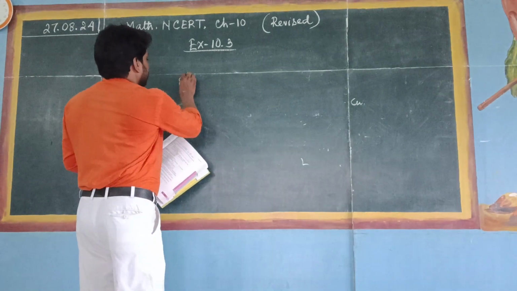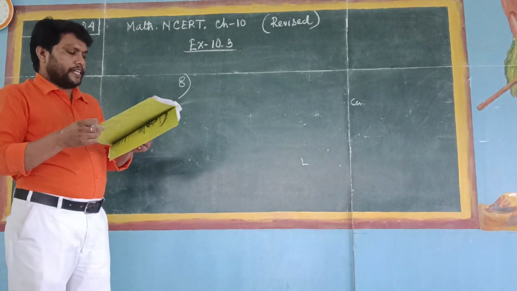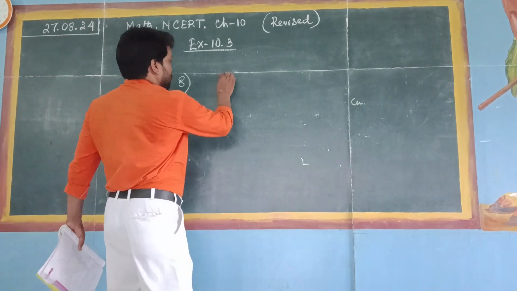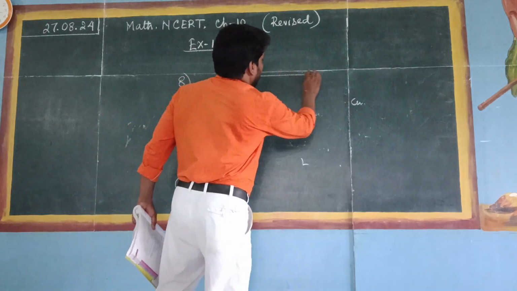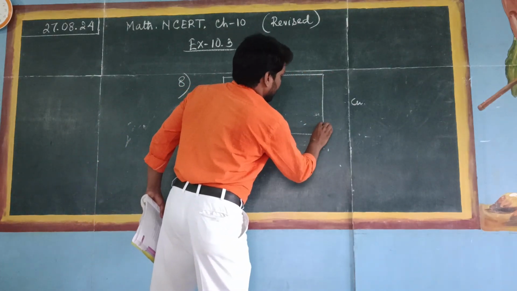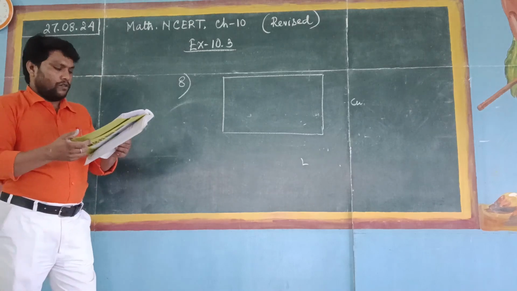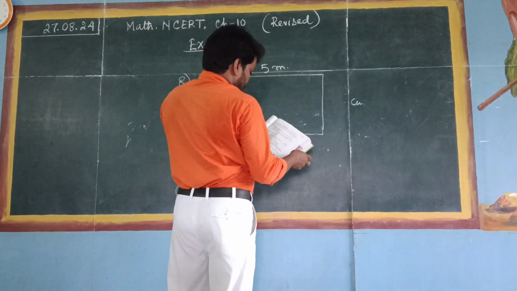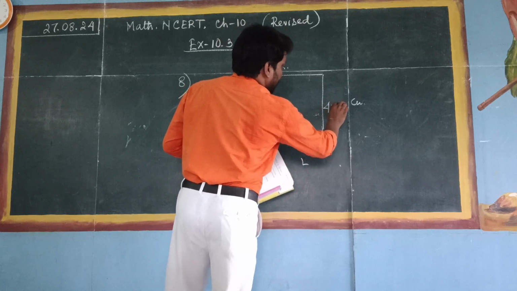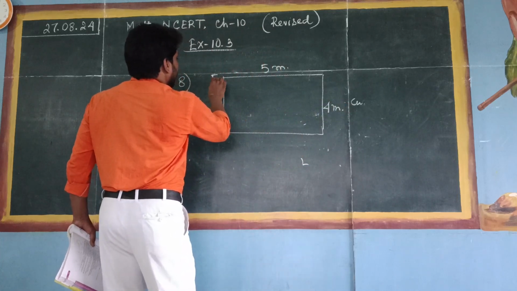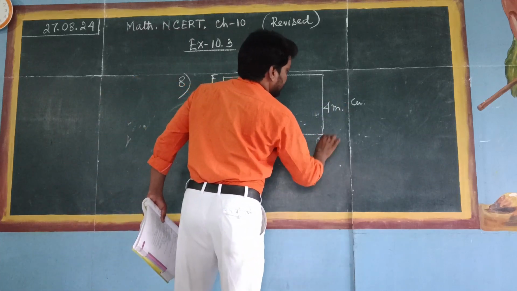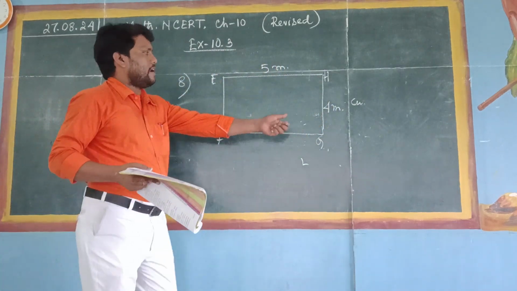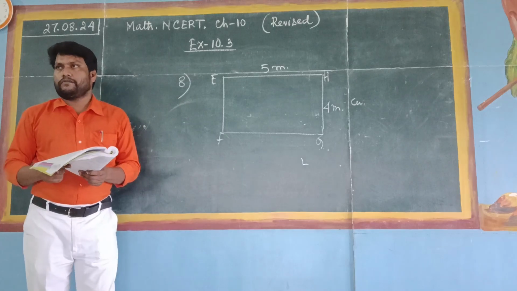Suppose EFGH is a floor 5 meter long and 4 meter wide.